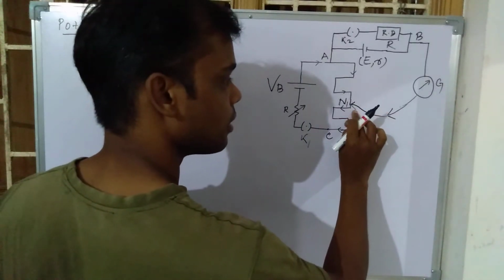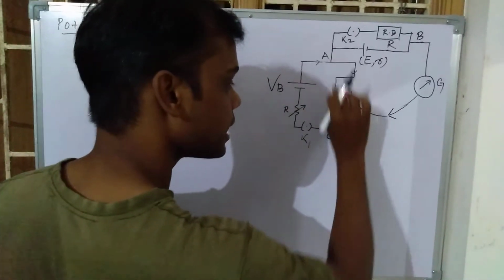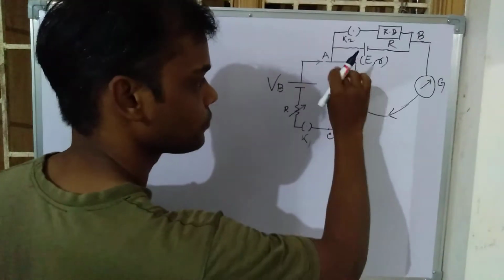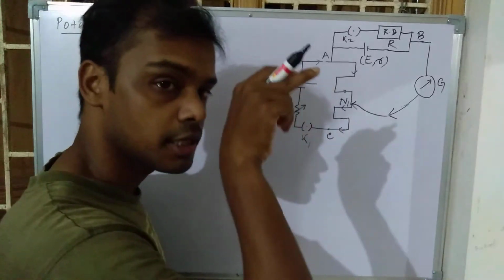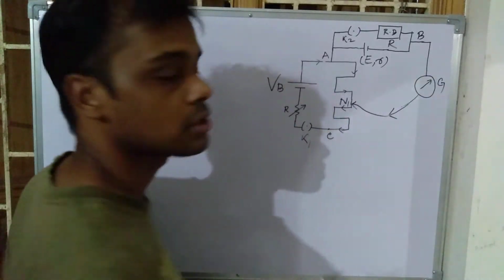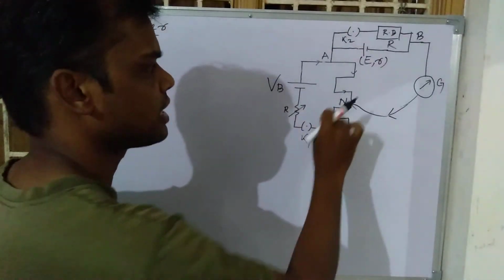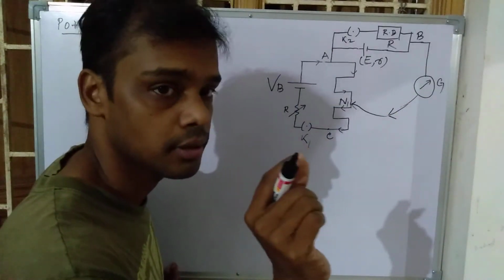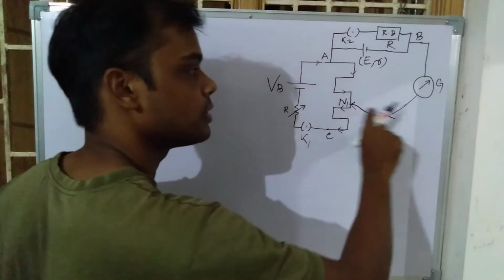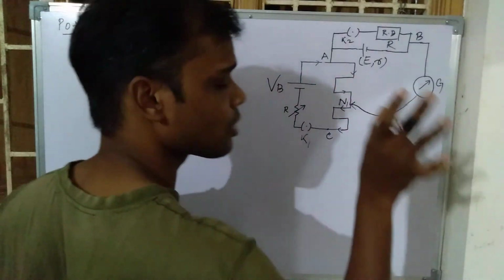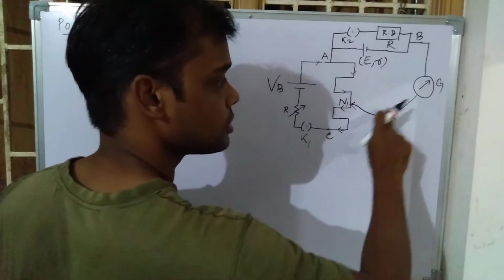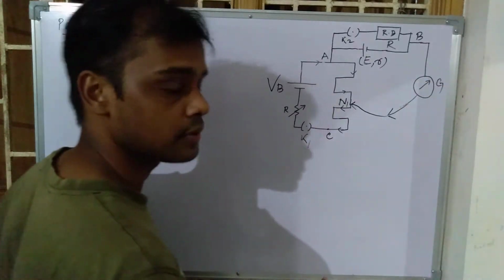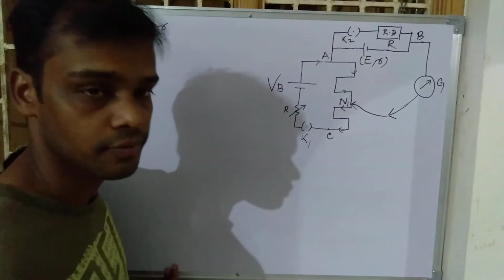You can vary this point from point A to point C. You can connect it to any point, but N1 is that particular point where the galvanometer shows zero current. At any other point, the galvanometer will show some deflection, meaning current will be flowing through this path. But we are not interested in current through this path. We are interested only in zero current through this galvanometer. So N1 is that particular point.